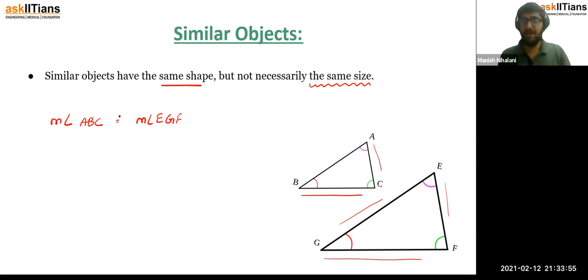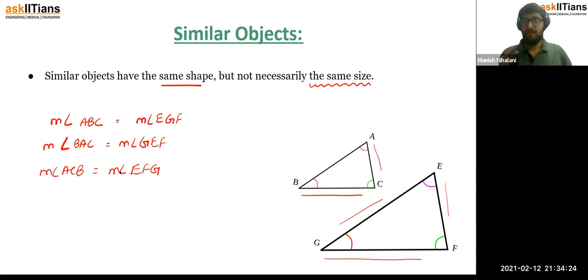That is, the measure of angle ABC is equal to the measure of angle EGF, or FGE. Also these two pink angles are the same, that is, measure of angle BAC is equal to measure of angle GEF. Then similarly these two green angles, measure of angle ACB is equal to measure of angle EFG.